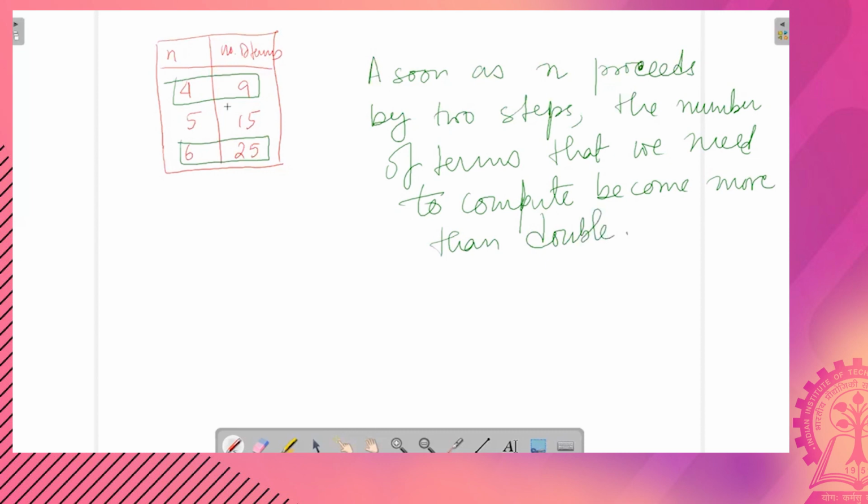So you see, 4 becomes 6, so it has moved 2 steps. The number of computations is more than 18. So 9 plus 9 is 18, and 25 is larger than 18. This is a pattern that you will observe all through. If you keep on expanding this table, this pattern is always observed.